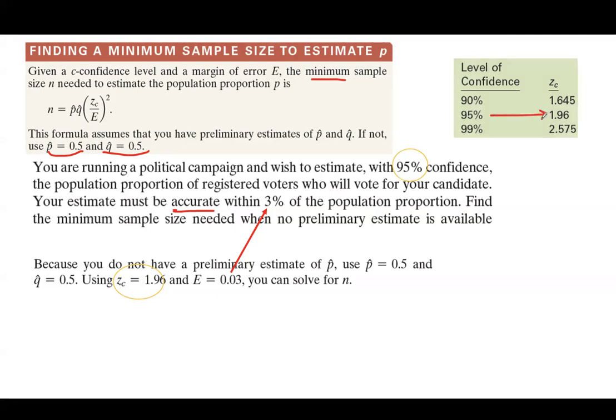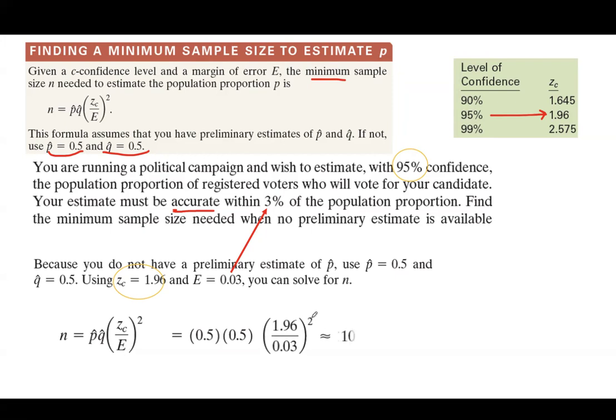Now let us punch everything into our calculator. The formula says you have p hat times q hat times z c divided by E, to the power 2. P hat is 50%, q hat is 50%, critical value is 1.96, margin of error is 3%, raise them to the power 2.